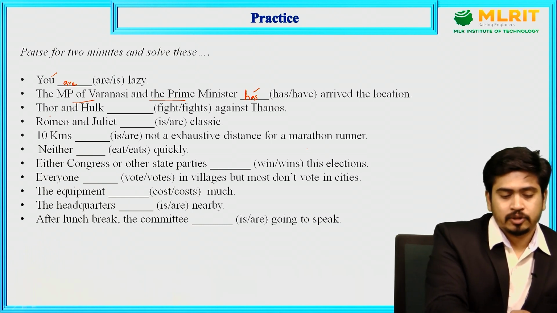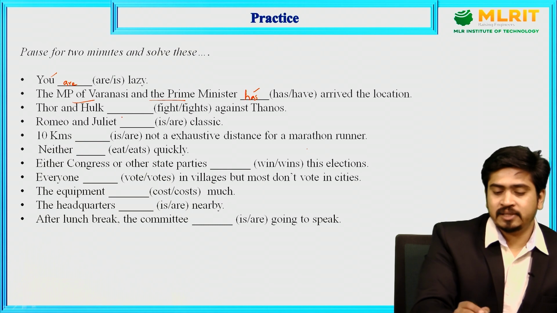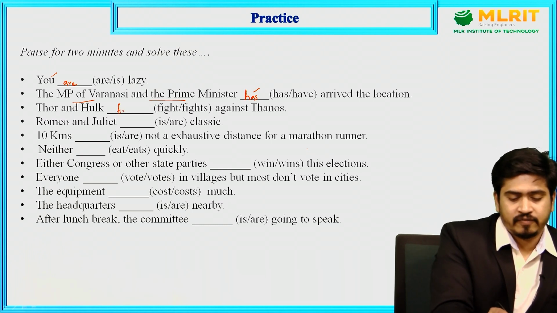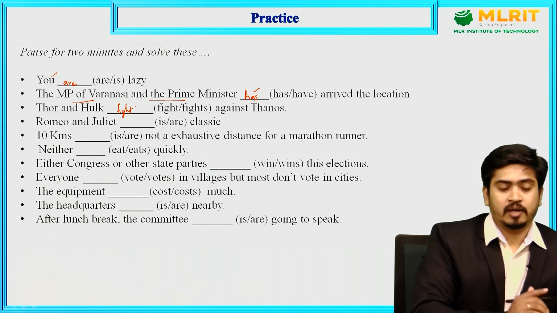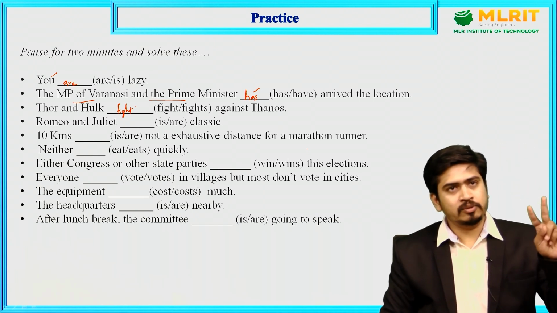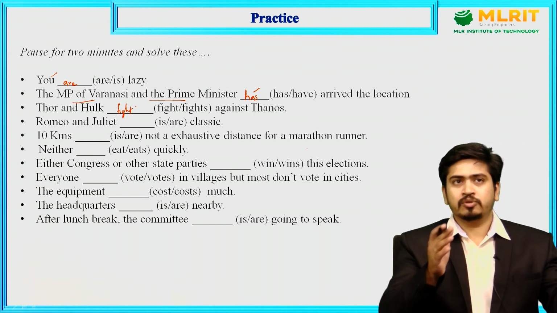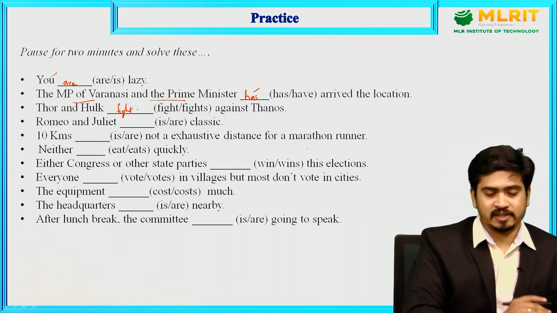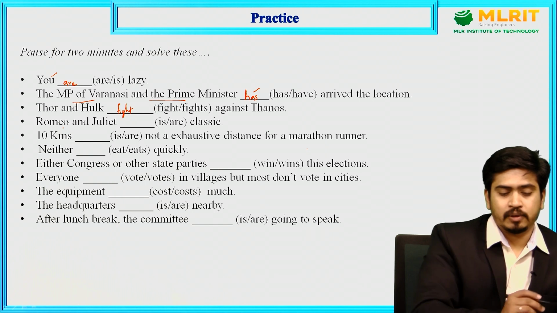Next one, Thor and Hulk dash against Thanos. The answer is fight. Thor and Hulk, you have two different nouns, so plural nouns, plural verb. Fight is a plural verb. Next one, Romeo and Juliet.